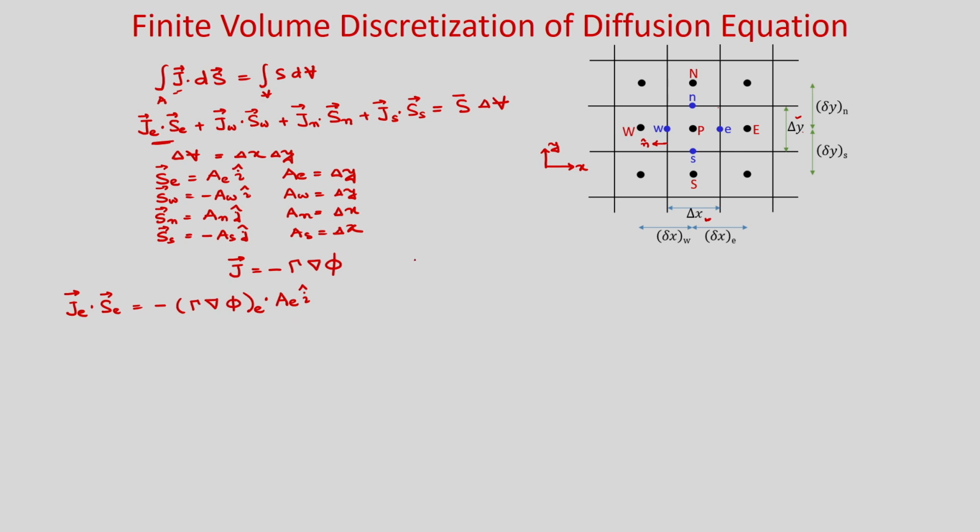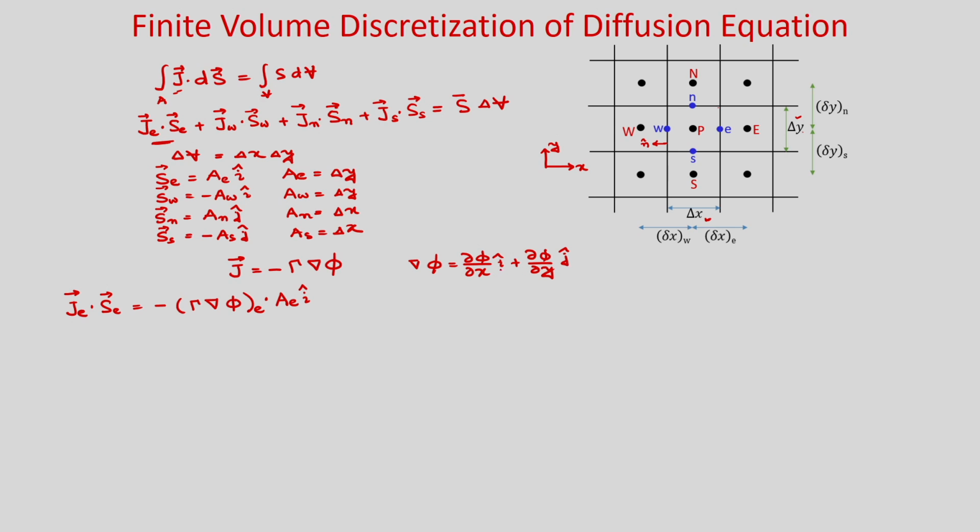Now you know grad phi for this two dimensional case is del phi by del x i plus del phi by del y j. If you make the dot product, you will have only Ae in the unit vector i. So i dot i will be 1 and j dot i will be 0.